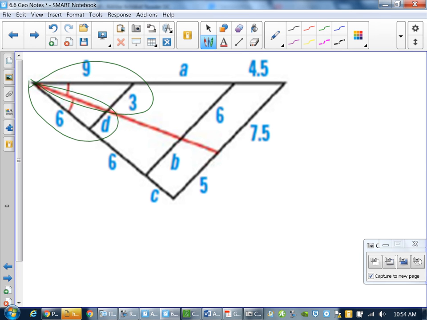By doing that, we can solve for D right away. D over 6 is 3 over 9. 3 over 9 is what? 1/3. Good. So your scale factor with our triangles here is going to be 1/3.